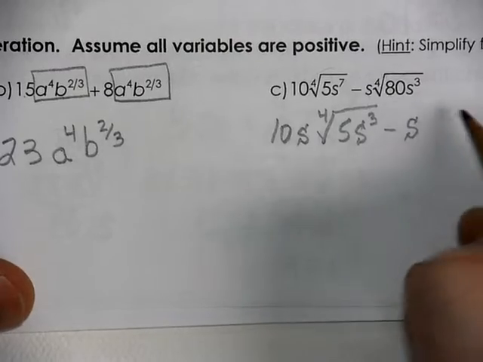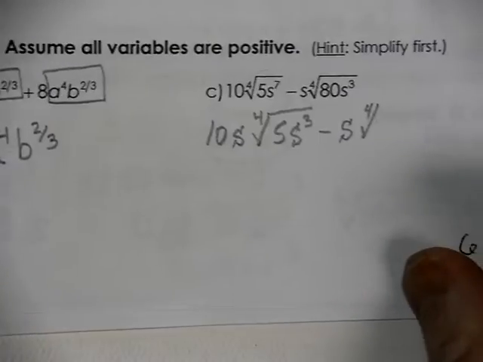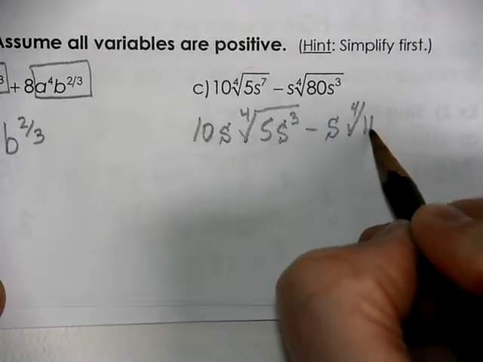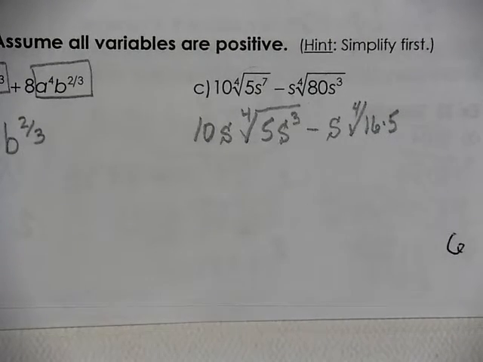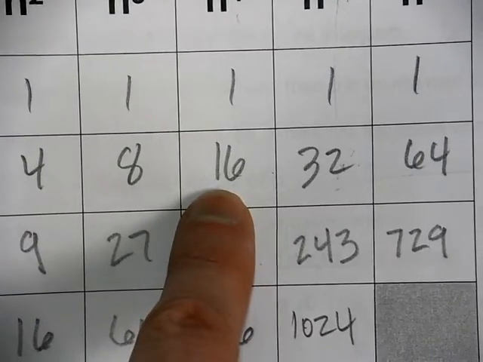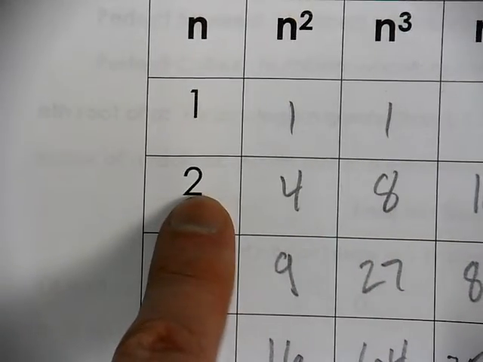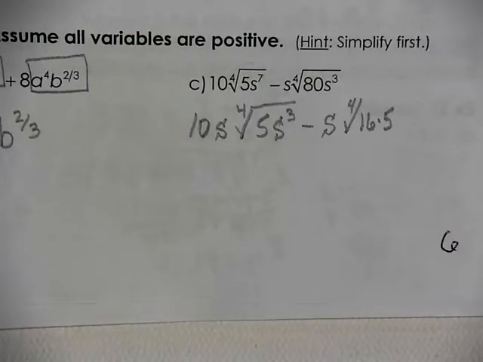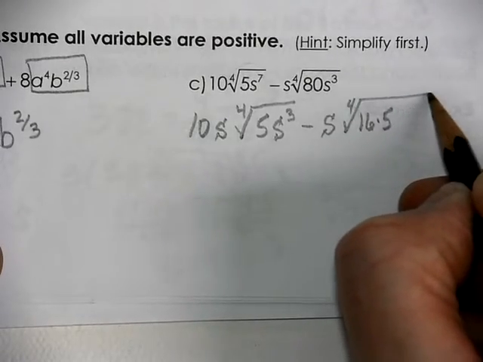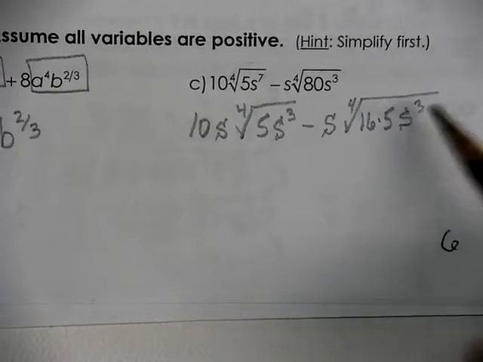I have my s that's on the outside. I'm doing the 4th root, 80. 80 can be broken down into 16 times 5. I like 16 because 16 is a 4th root. Fourth root of 16 is 2. I also have s cubed. I don't have 4 of a kind there.